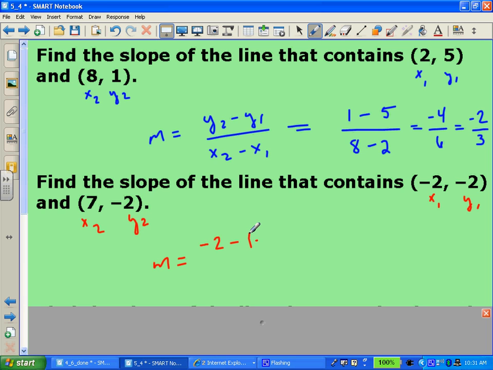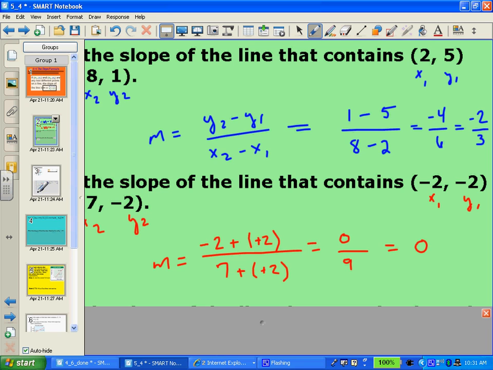So negative 2 minus negative 2 and 7 minus negative 2. So this would be negative 2 plus 2, which would be 0. And this would be 7 plus 2, which would be 9. So that one would just have a slope of 0. Hope you remember that would mean it's a horizontal line. So that's how we use the slope formula when we're just given 2 points. We pretty much just plug in the values and solve.